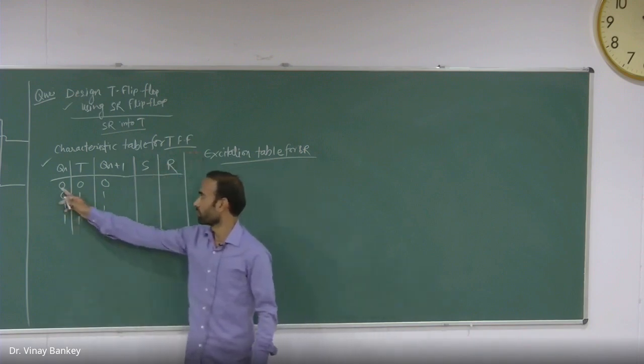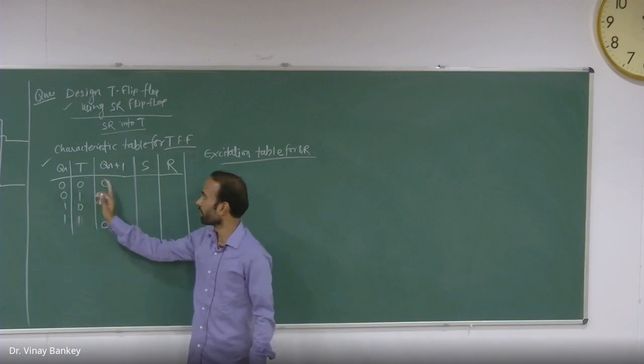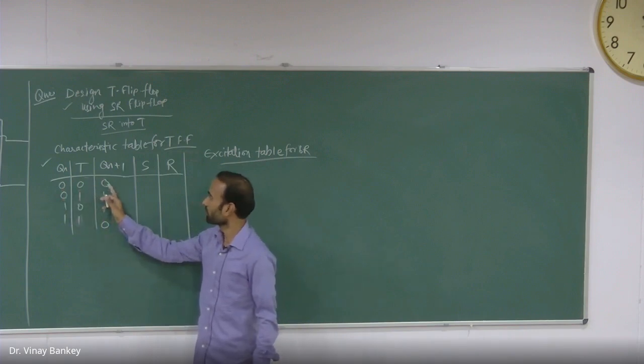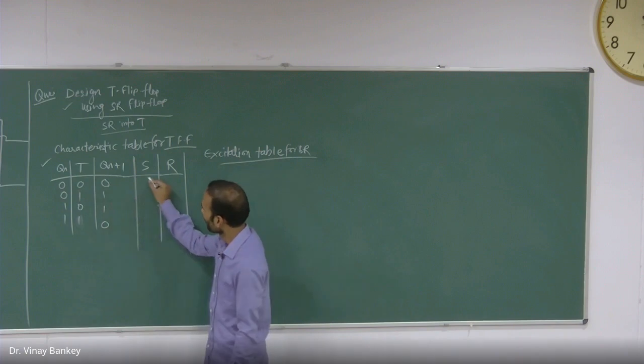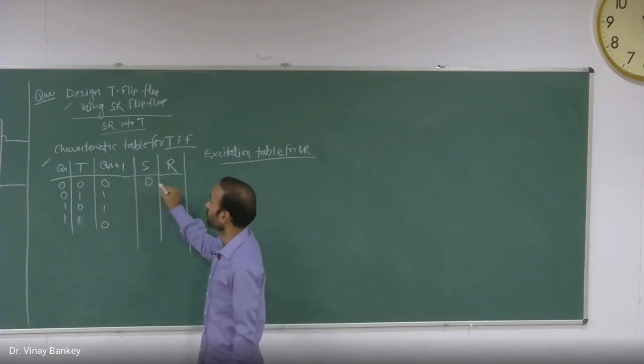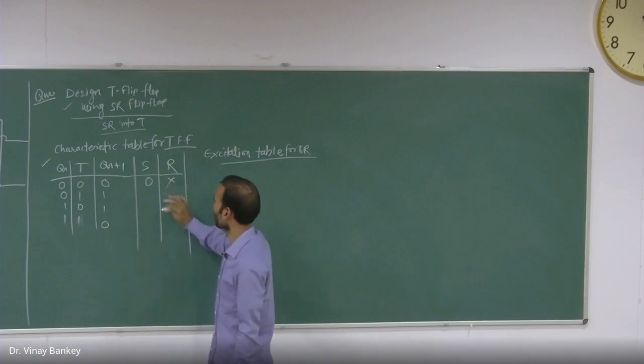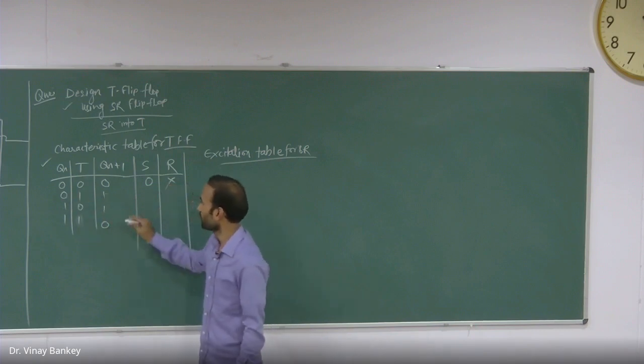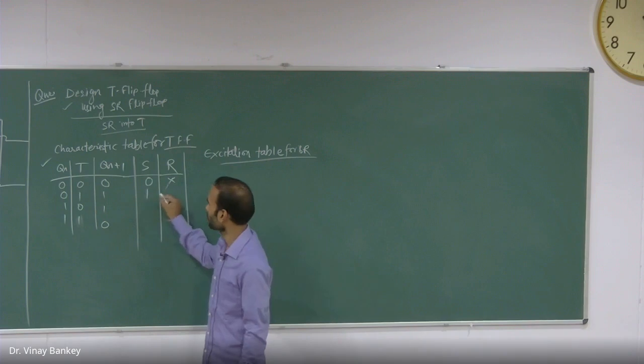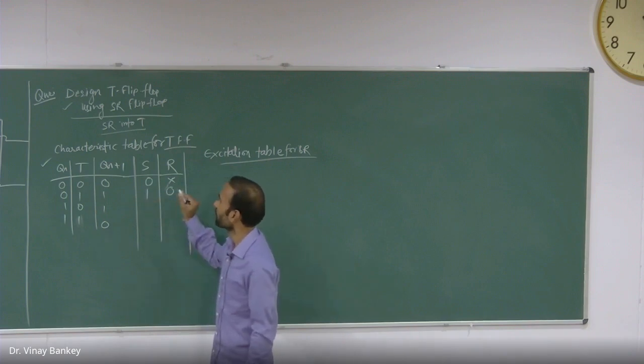Now say it was 0 previously, and the next is also 0. So this will be what? 0 cross. That is 0, don't care. Here 0 1: S will be 1 and R will be 0.